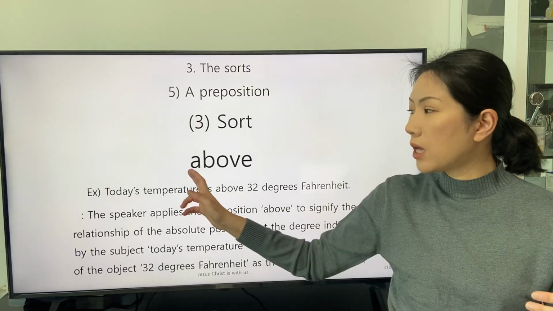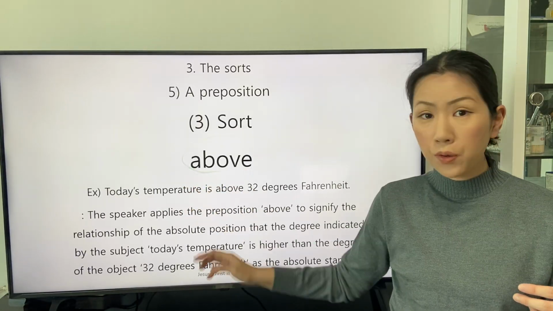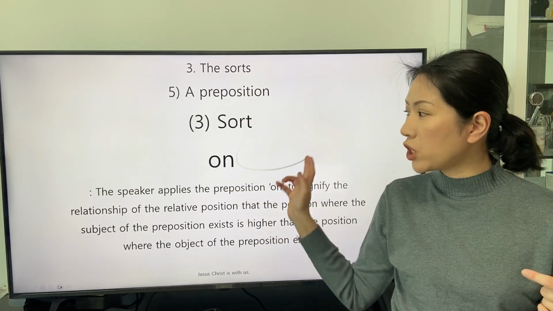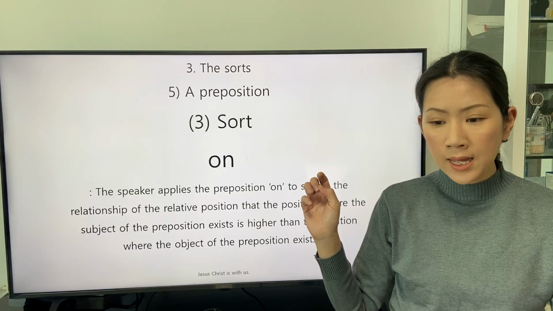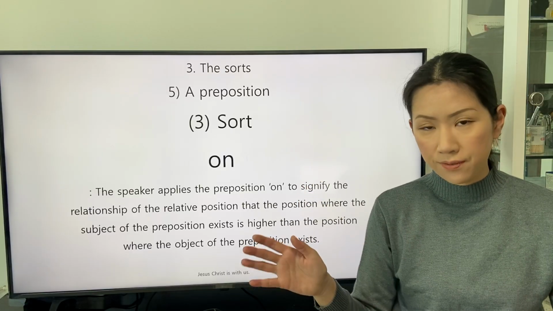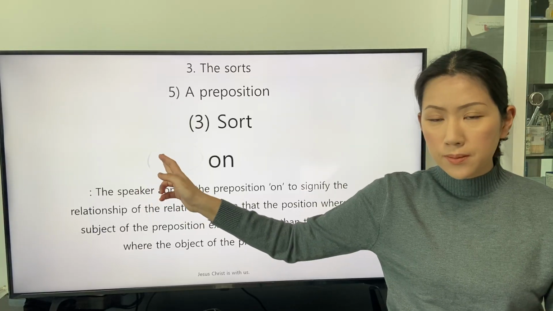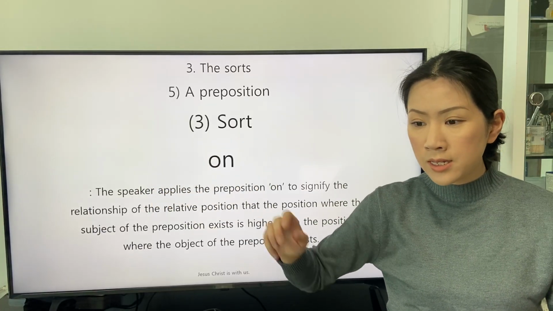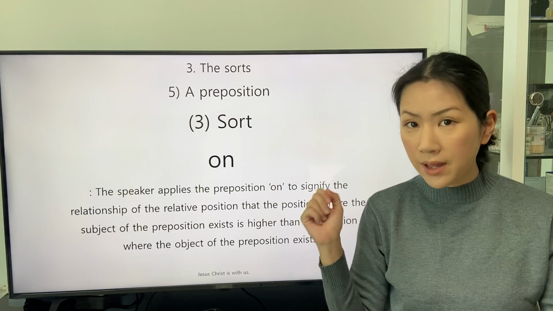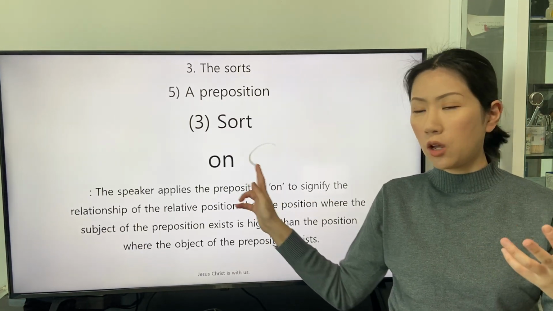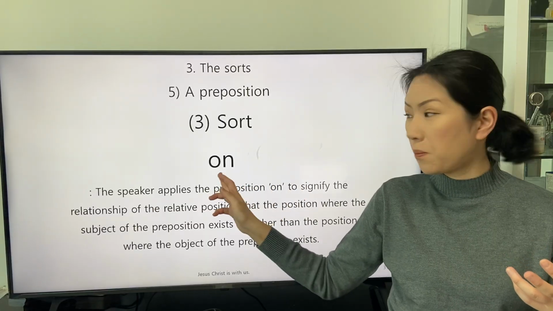Compared to the preposition above, we can understand that the object of the preposition on is relative. The position of the subject is relatively identified compared to the position of the object of the preposition on.